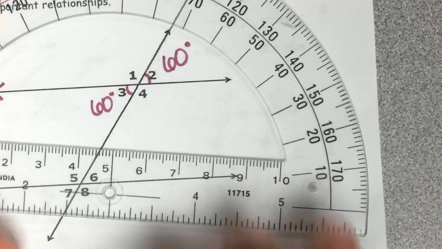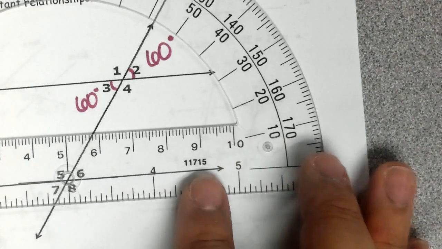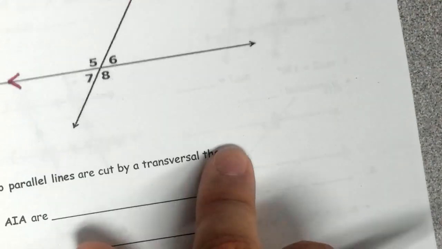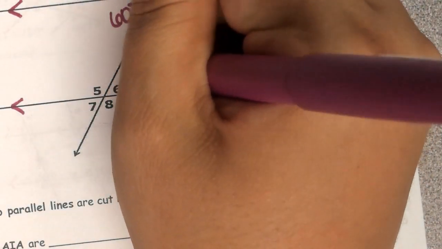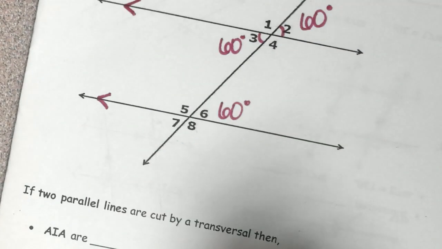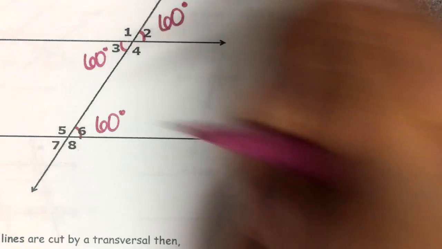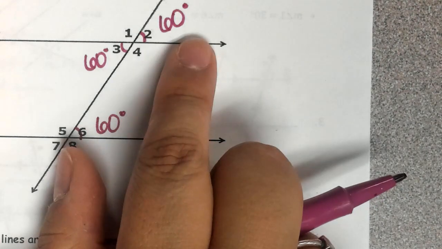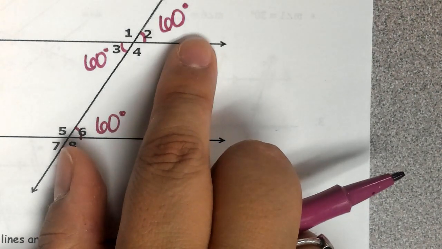I could put this right here, measure 6. And how many degrees is 6? 6 is also 60 degrees. What kind of angles are 2 and 6? You're not wrong. They are acute. But give me one of the words we learned yesterday.